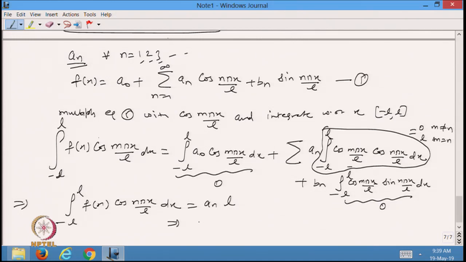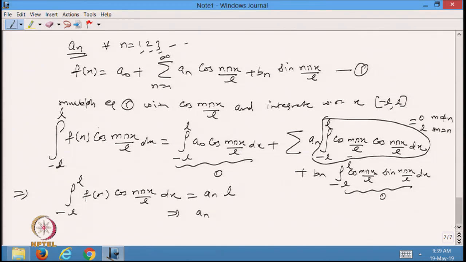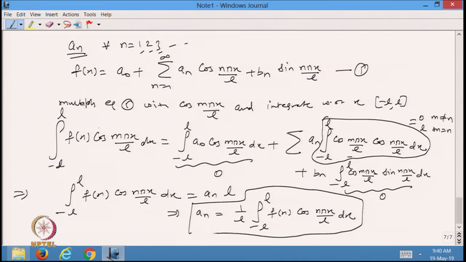So from here my an I can write as 1 over L times the integral from -L to L of f(x) cos(nπx/L) dx. This is my coefficient an, and this is true for all n except 0, because for a0 we have found it separately.